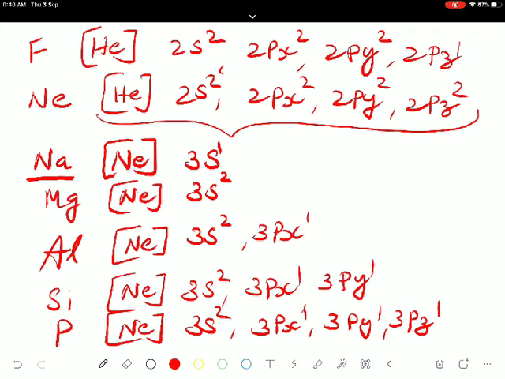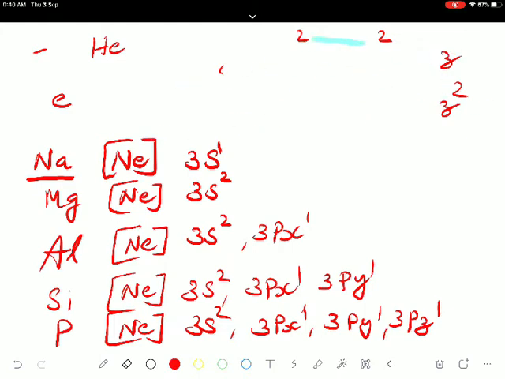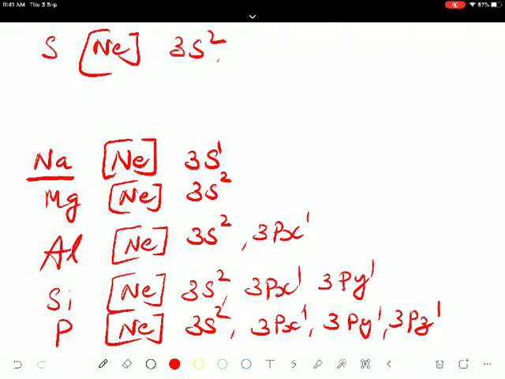Next, sulfur, neon, 3s2, 3px2, pairing starts, 3py1, 3pz1.